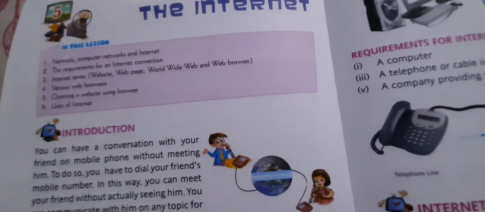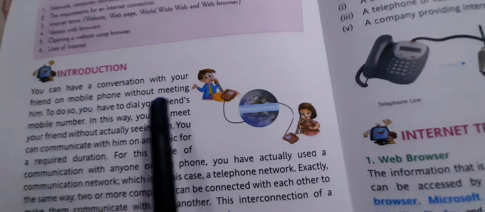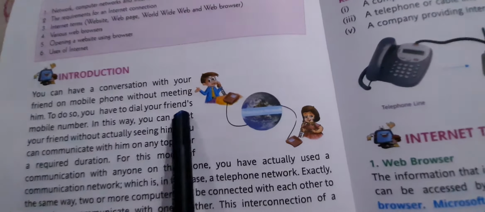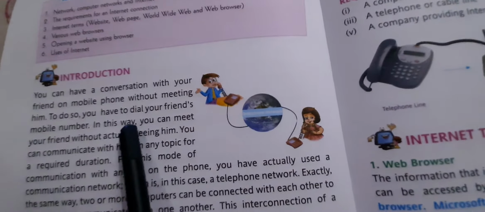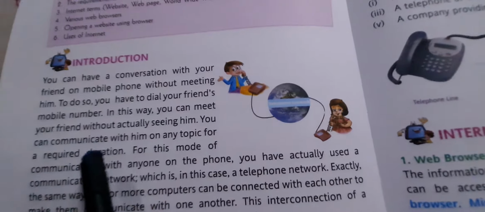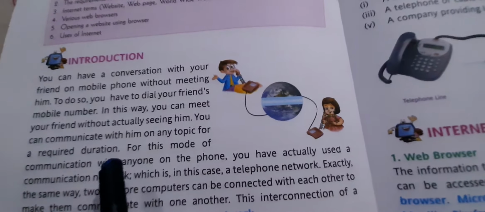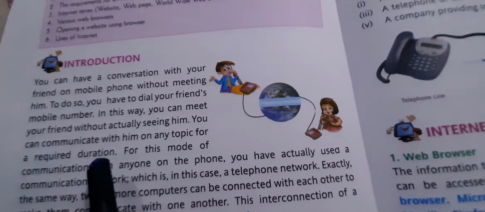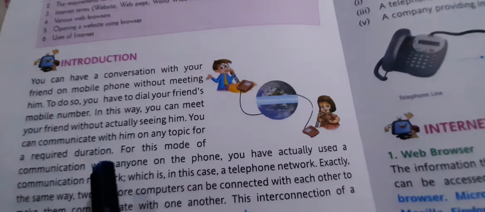Now, let us start with the chapter Introduction. You can have a conversation with your friend on a mobile phone without meeting him. To do so, you have to dial your friend's mobile number. In this way, you can meet your friend without actually seeing him. You can communicate with him on any topic for a required duration.